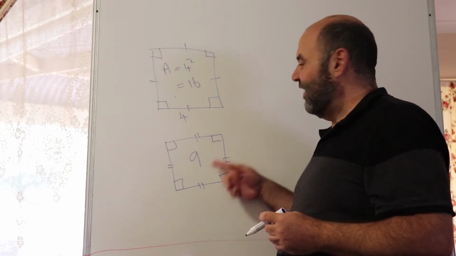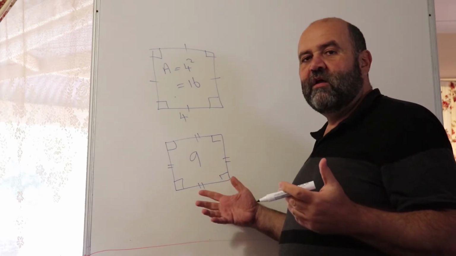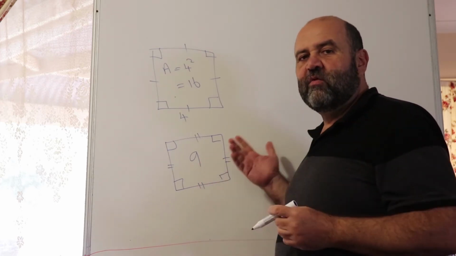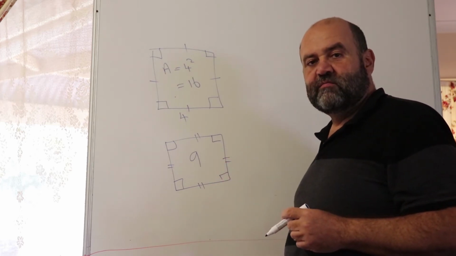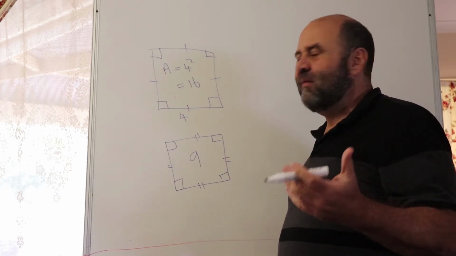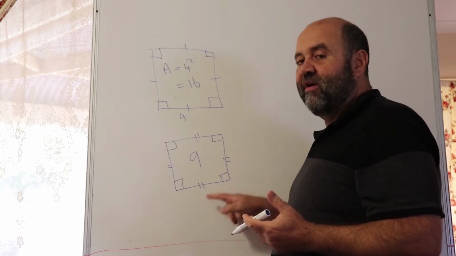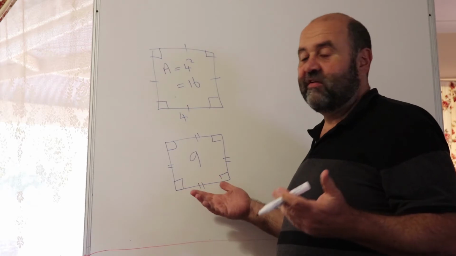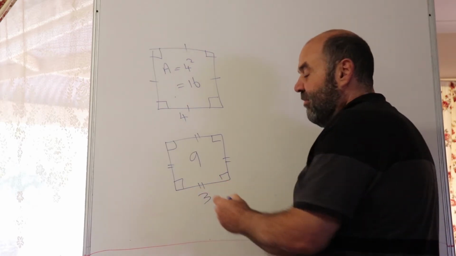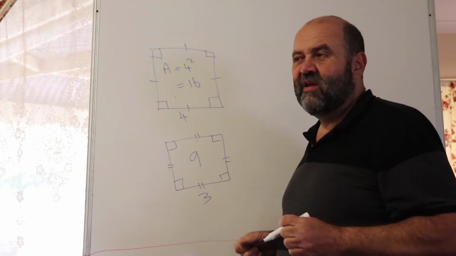How long are the sides? You need to come up with a number where if you multiply it by itself, you'll get 9. Obviously the answer here is pretty straightforward, it's 3. 3 times 3 is 9.